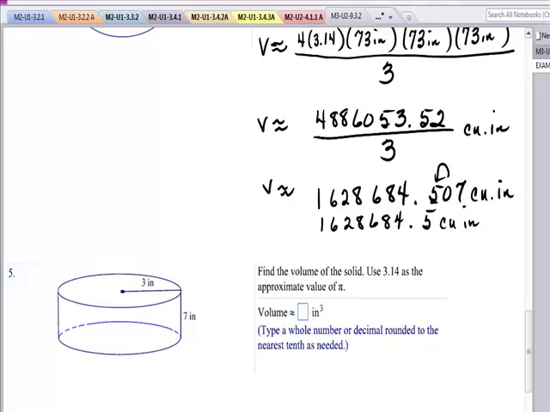All right, the next problem that we have, we're going to look at a cylinder.